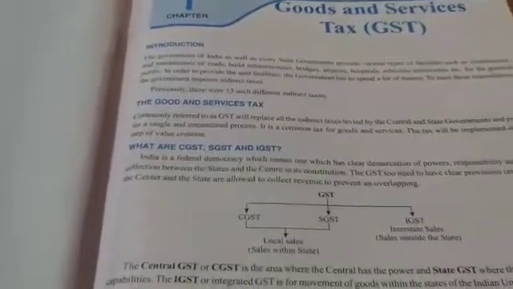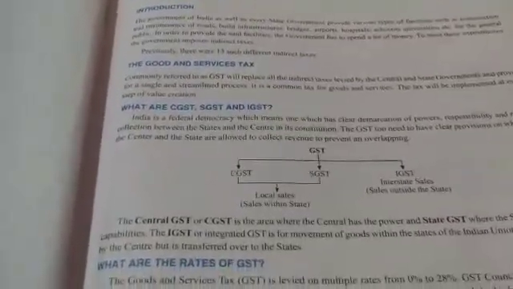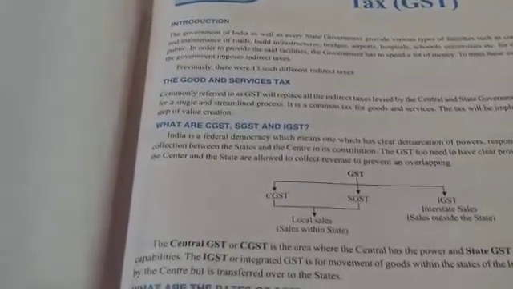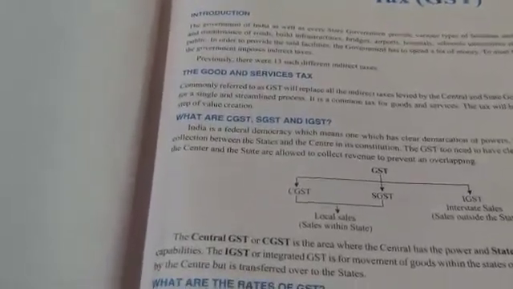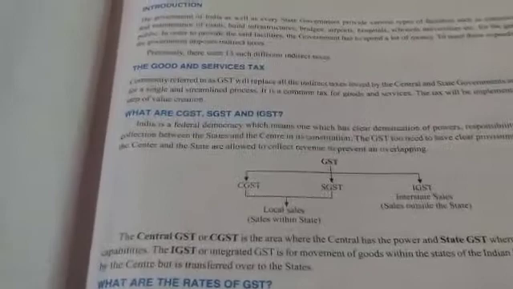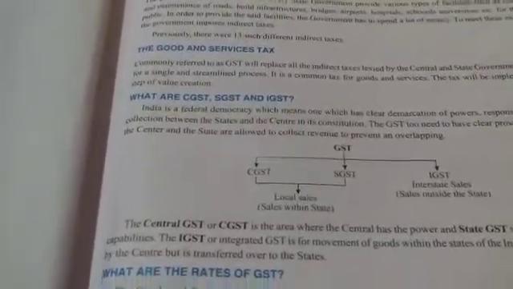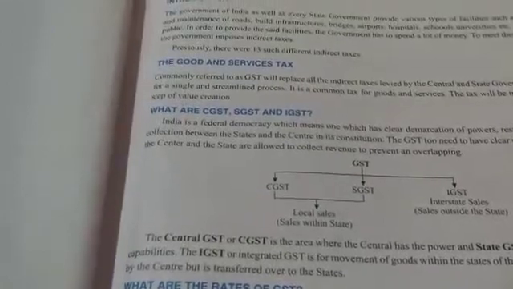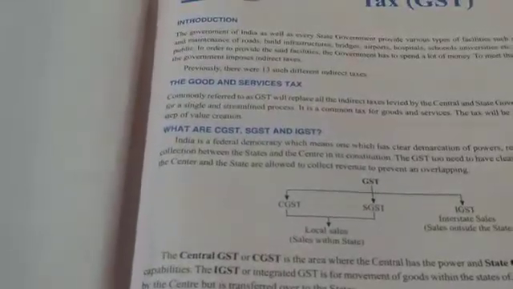The tax collected by the government is shared by both the state government as well as the central government. The tax collected is equally shared by both governments.